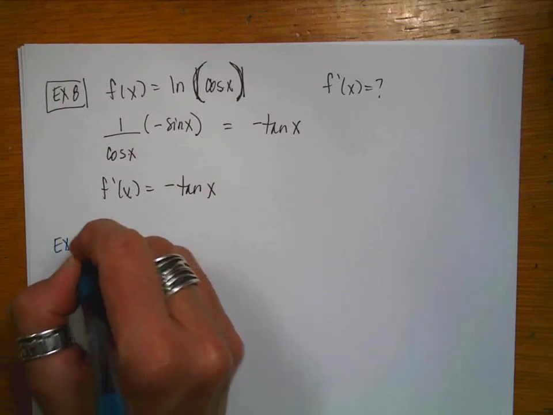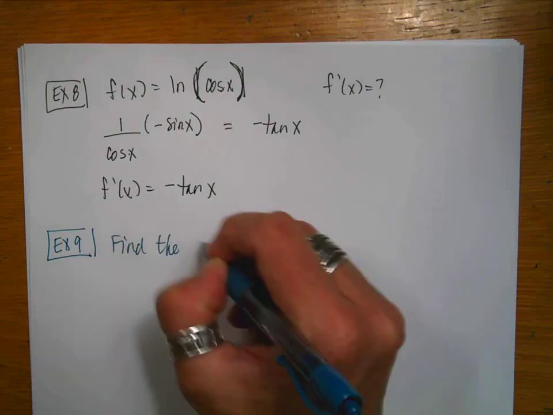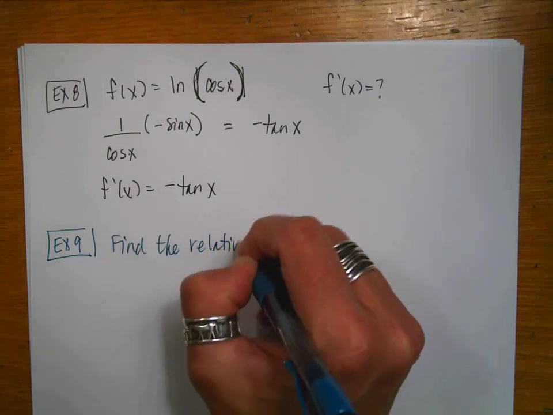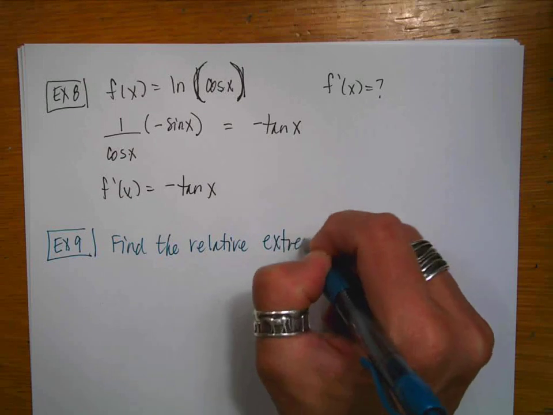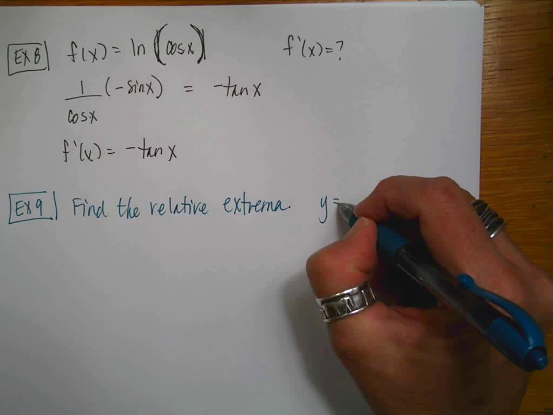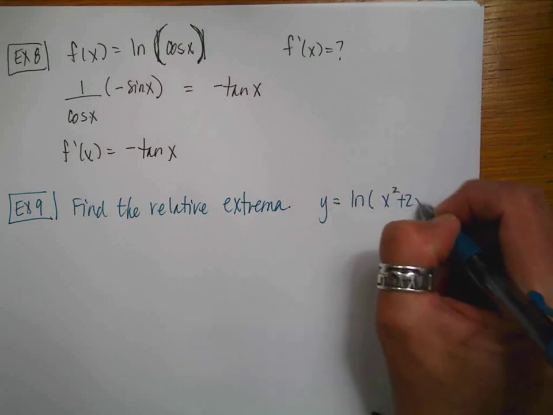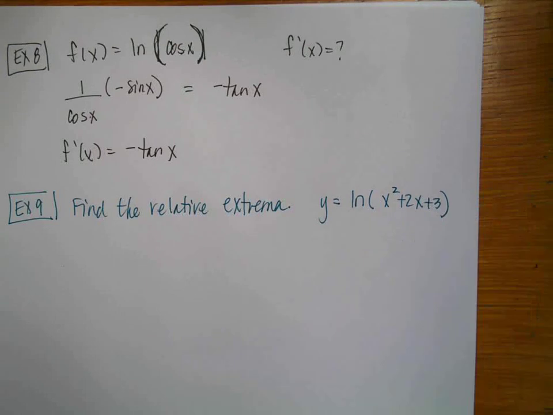All right, one more example. Example number 9 says find the relative extrema. And that means that we're going to do the first derivative. My equation is going to be y is equal to the natural log of x squared plus 2x plus 3.